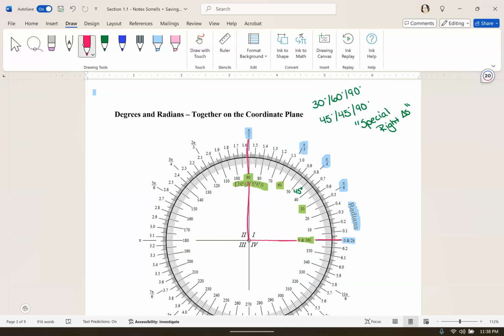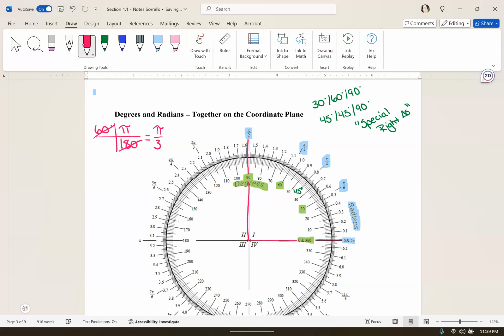Let's just take 60. If I wanted to convert 60 to radians, then 180 degrees would have to be on the bottom. So how many times does 60 go into 180? Well, the answer to that is pi over 3. And that would work for all of them.